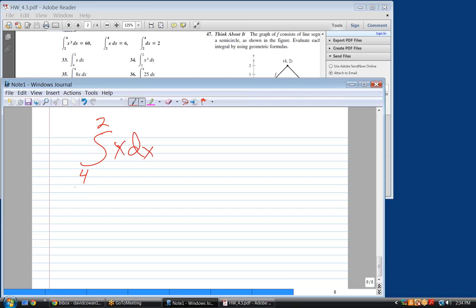Well, we haven't yet learned that we can just use the reverse power rule and do this, but we have learned that this, I think you've learned it, is equal to the negative of the integral from 2 to 4 of x dx. Have you learned that? Yes. Okay. So what is this equal to?